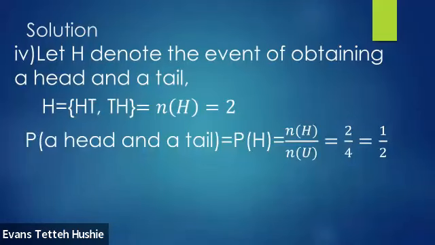I was thinking it's only the HT, and the TH wouldn't be included, because we have head tail and tail head. So it was a little confusing, but I got the answer correct in the assignment.